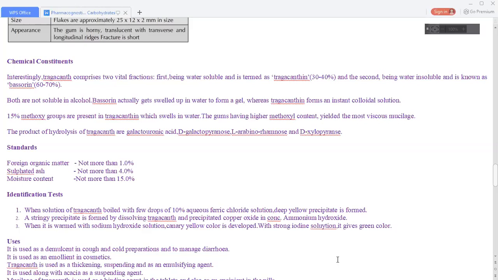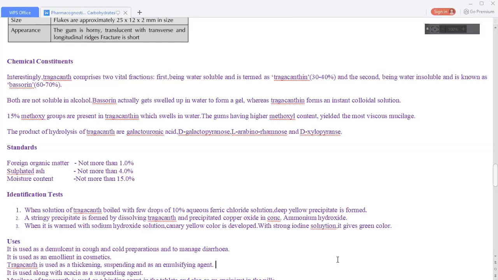A stringy precipitate is formed by dissolving tragacanth and precipitated copper oxide in concentrated ammonium hydroxide. These two together you have to mix. Later on it is dissolved in concentrated ammonium hydroxide and you will get a precipitate.